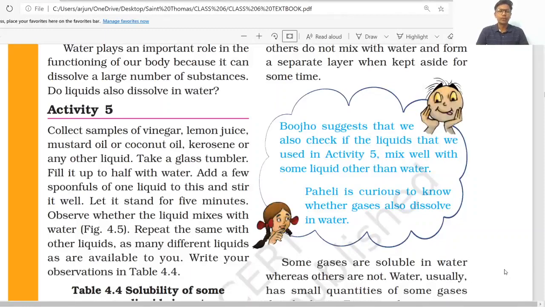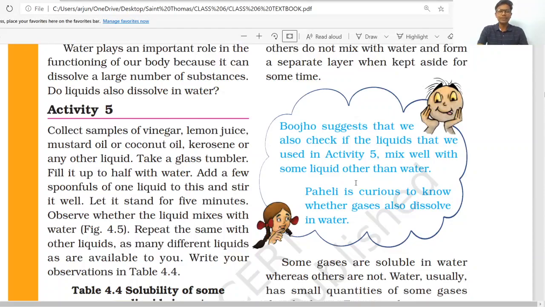Activity number 4. Collect samples of vinegar, lemon juice, mustard oil or coconut oil, kerosene or any other liquid which you can find in your home. So in activity number 5, we have to collect some samples of liquids like vinegar, lemon juice, mustard oil or coconut oil, kerosene or other liquids.